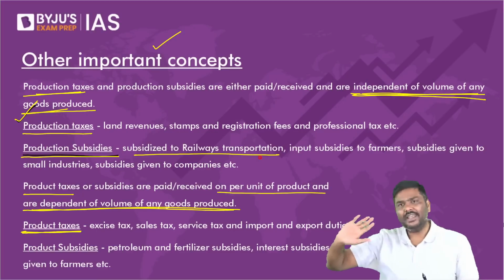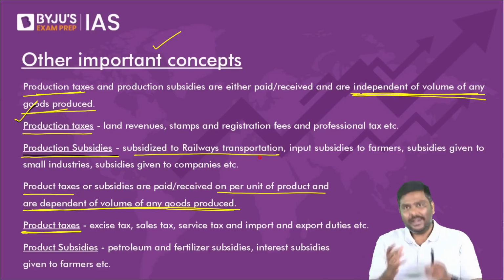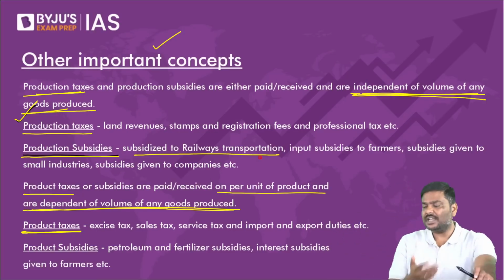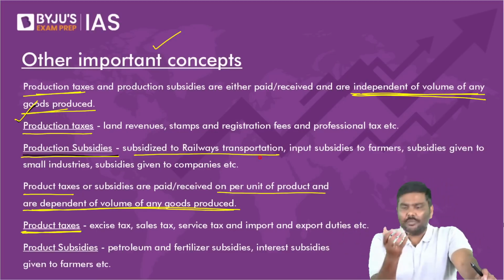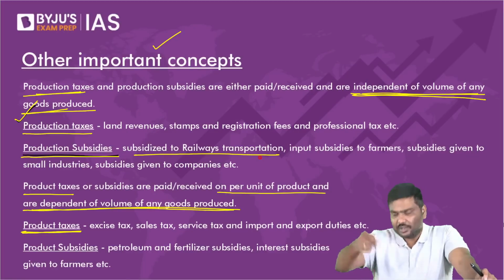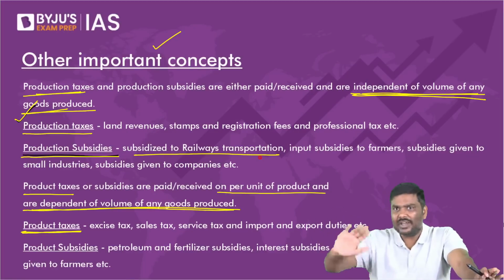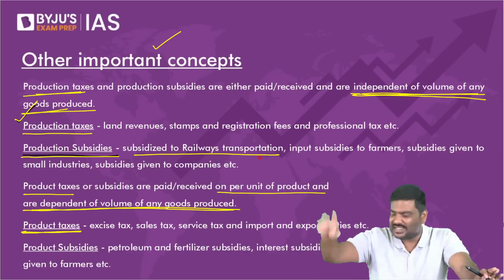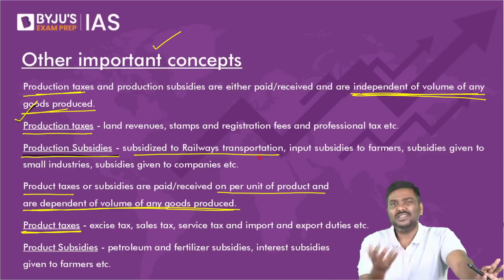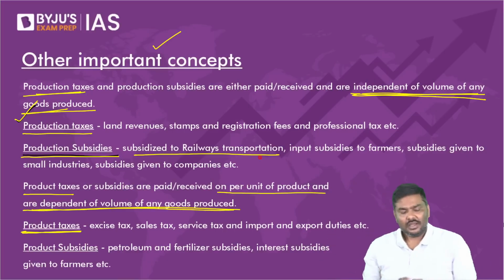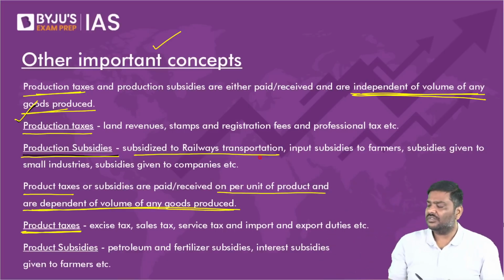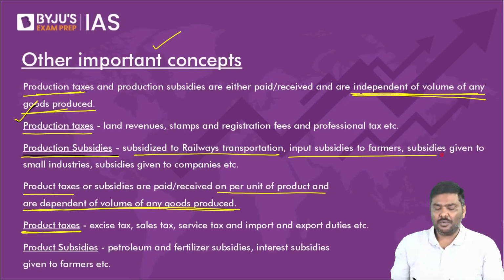All of you will agree? Let me know. This is how railway subsidies are provided: the government ensures that the cost you pay in railways is never the market price. It is always less than the market price. That is the idea of a subsidy. Similarly, input subsidies are given to farmers, to small industries, to various companies.